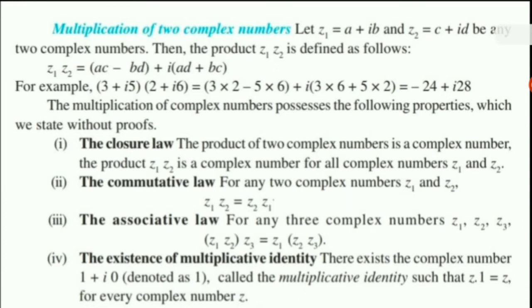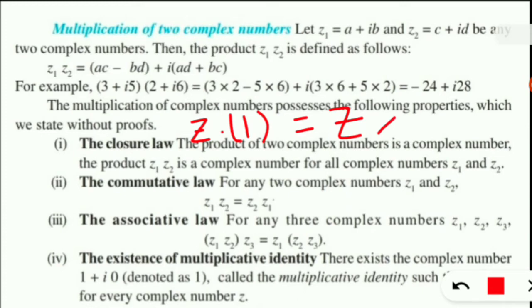Okay, now students, so given number is z, into something equals the given number comes up, that means z. So if we multiply by 1, that's why z comes up, so z into 1 equals z. Clear? That's why 1 is the multiplicative identity.